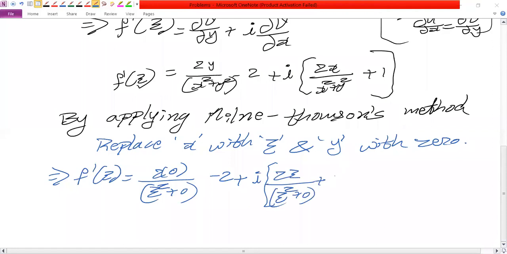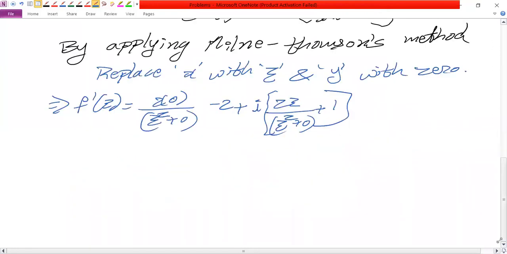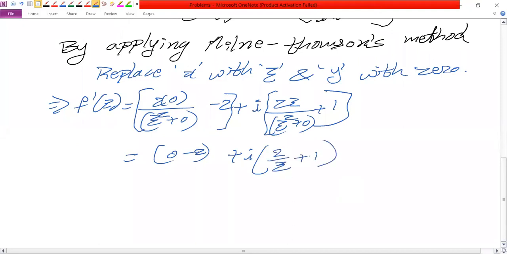So on simplification, the first term is 0. What we'll get finally? 0 minus 2 plus i into 2z by z square, which gives 2 by z, plus 1. So this is f dash of z.